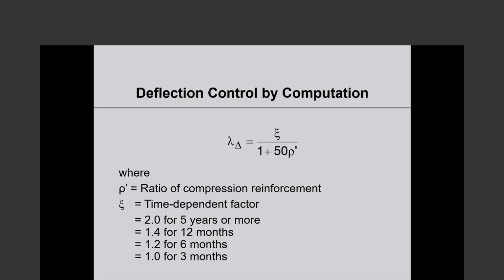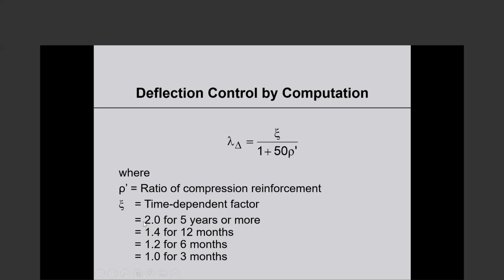Lambda sub delta gives you the total deflection at the end of so many years. So we are saying that after 5 years, the total deflection will be twice the immediate deflection. So the long-term increase will be 1 times the short-term deflection. That's what this multiplier is.